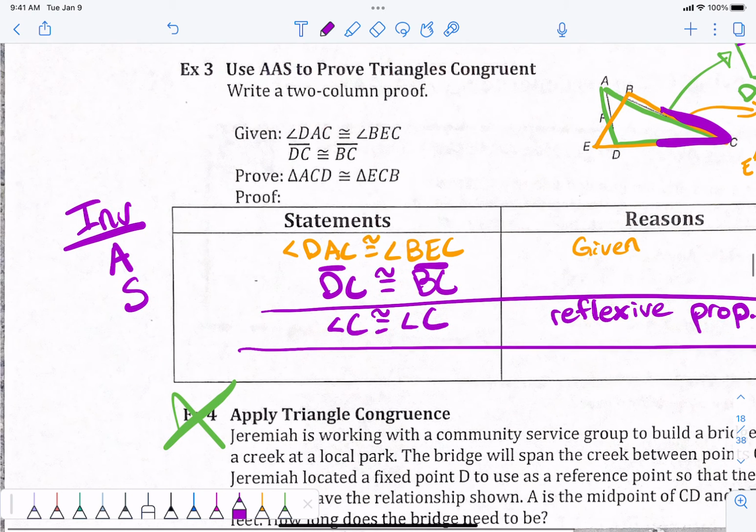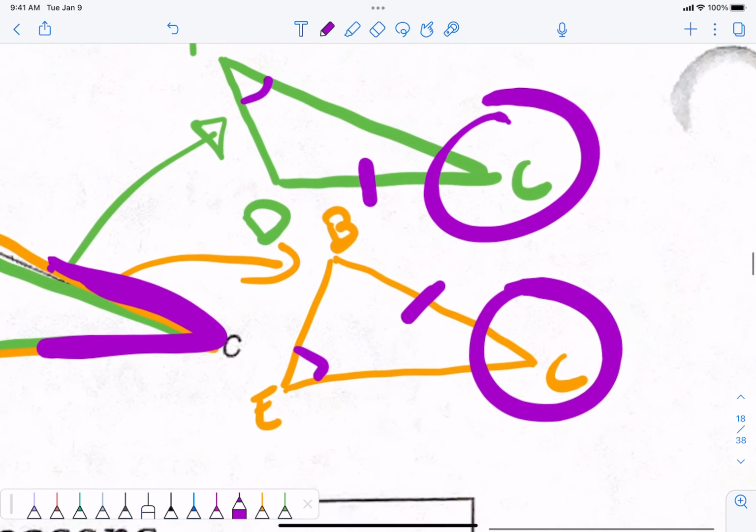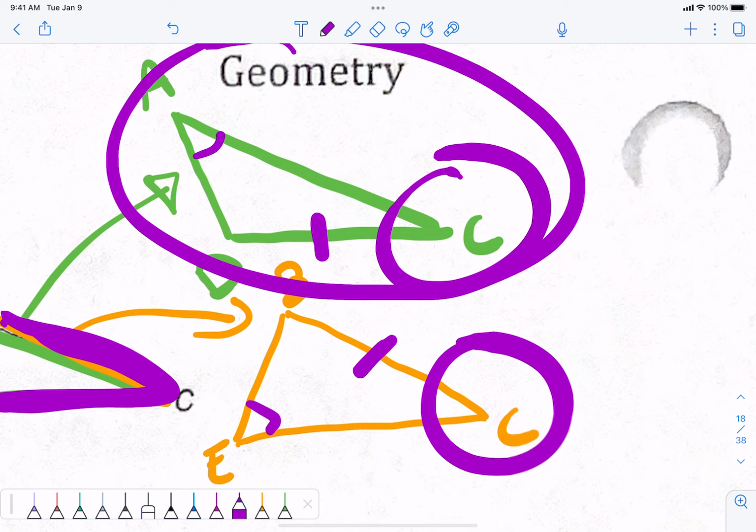That is an angle. Okay, so now we have to decide. In my inventory, it looks like angle, side, angle. Let's decide. Is it angle, side, angle? So we have this diagram up here. Is that angle, side, angle, or is that angle, angle, side? The angles that we have are A and C, right?